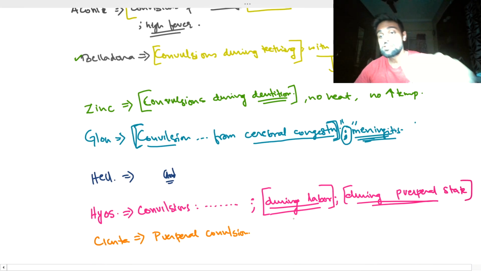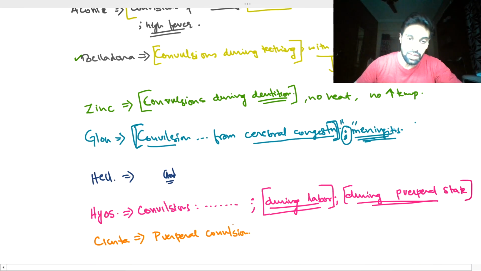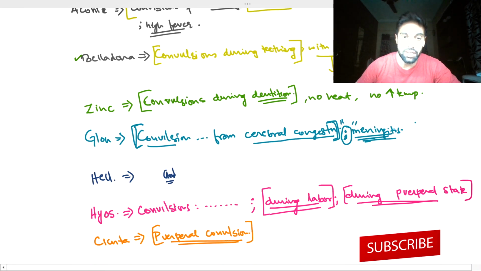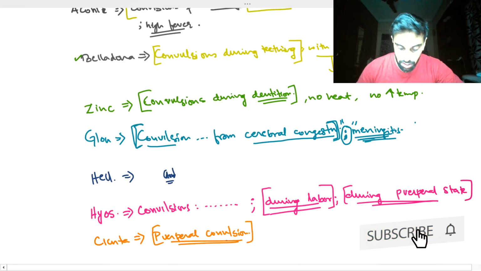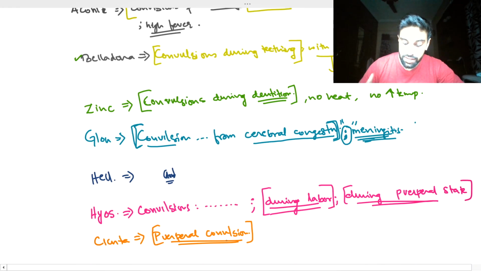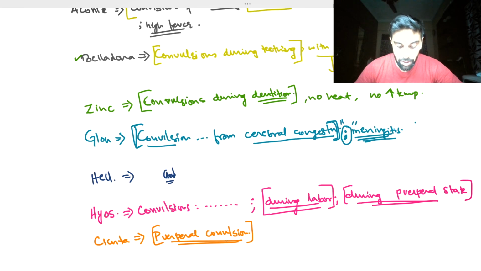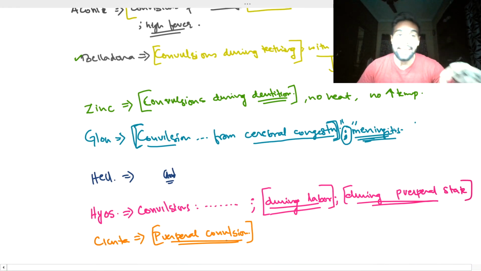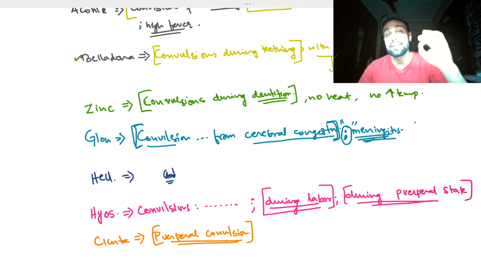So know that convulsions during puerperal state is hyoscyamus, but puerperal convulsion, if this is the keyword, then the answer is cicuta. Puerperal convulsions, frequent suspension of breathing for a few moments, as if dead, upper part of the body most affected, continue after delivery. And there are few symptoms of epilepsy. So remember each and every word from their keywords.